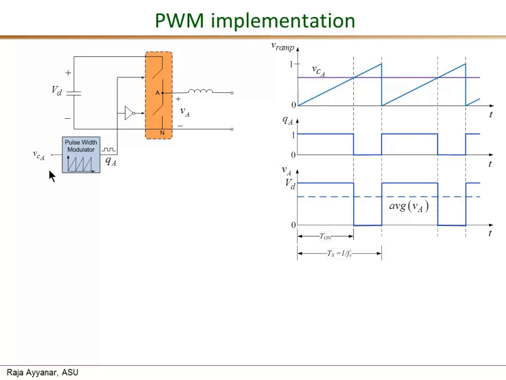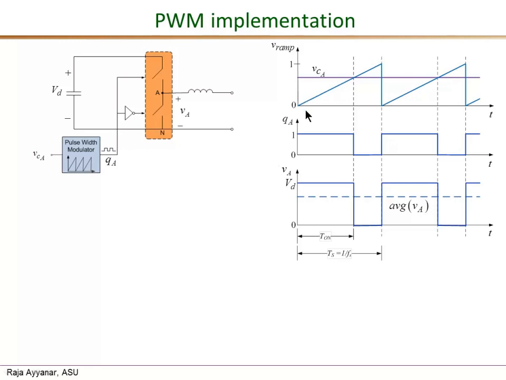But the question is, how is this control signal, which is a continuous voltage signal, translated into a switching signal of varying pulse width to drive the gates of the bipositional switch? Now in analog PWM ICs, a ramp signal like this light blue waveform is generated internally, and this is at the switching frequency.